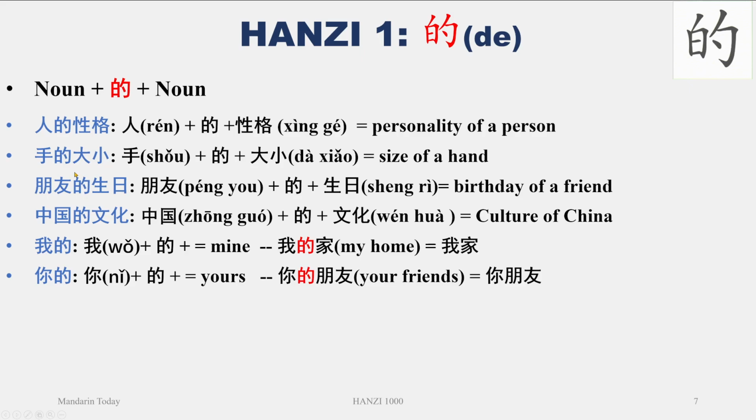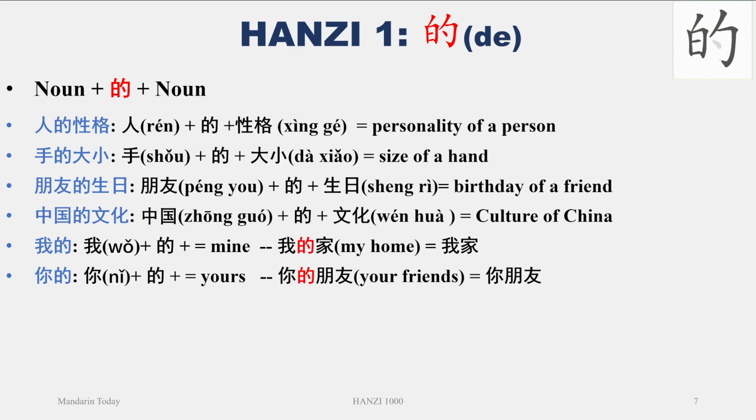But I do want to mention one thing, that is, in most cases, when the phrase is commonly used in daily conversation, the particle 的 is omitted. So for example, the third one, 朋友的生日, meaning the birthday of a friend. In daily conversation, we don't say this, we just say 朋友生日, right?